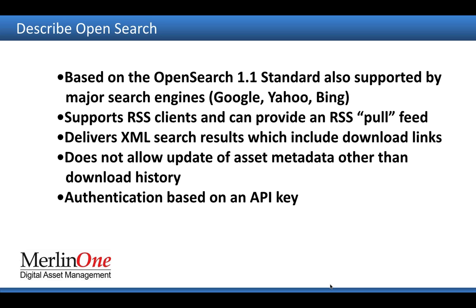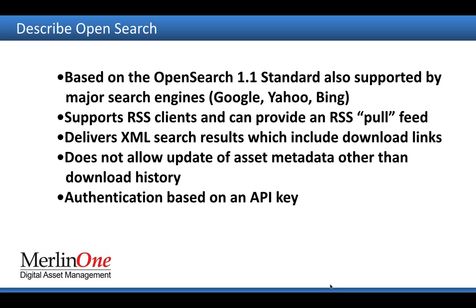Merlin's implementation of that is running on the Merlin web servers, and we have a number of customers who have used it to create RSS feeds or to integrate with their corporate web servers in order to allow assets to be searched for from within a UI that has no other part of Merlin in it. And we're going to show examples of that in a little bit.